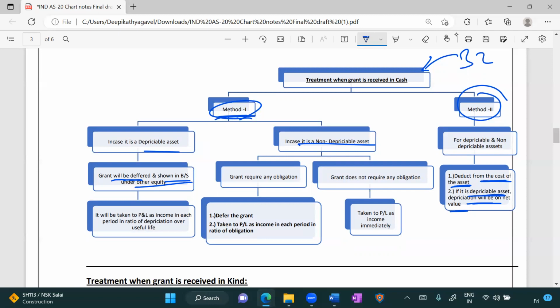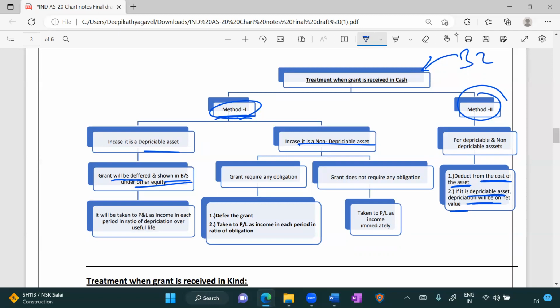Because it's a depreciable asset, you proportionately take it in the ratio of your depreciation. So in case it's a depreciable asset and you're following method 1, the entire government grant will be deferred, shown in the balance sheet in other equity, and in the ratio of your depreciation, the deferred government grant will be taken to your P&L.